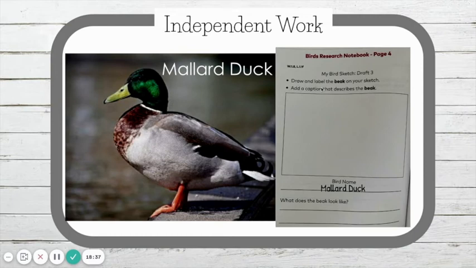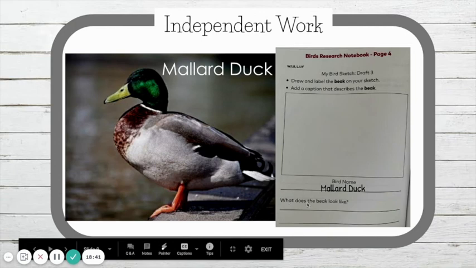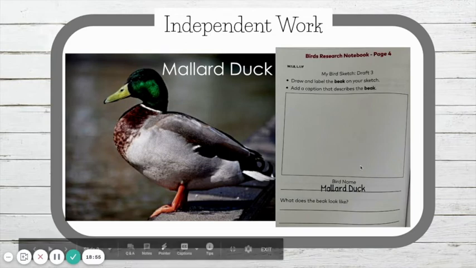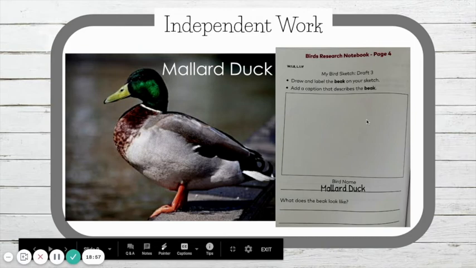Then you'll need to label the beak, and then you'll need to make a caption down here telling me, what does the beak look like? The beak is yellow and pointy. Use good adjectives to tell me more about that beak. I'll repeat your instructions again. Draw and label the beak on your sketch. Add a caption that describes the beak.